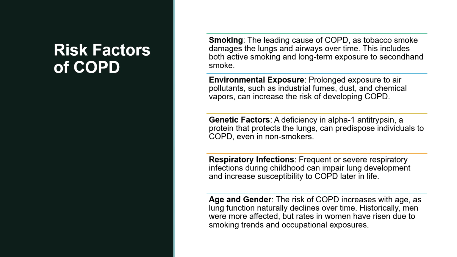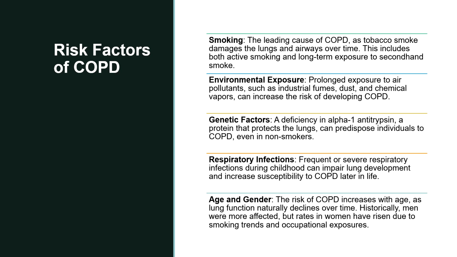Respiratory infections: some patients are born premature and develop into adults, and frequent or severe respiratory infections during childhood can also impair lung development and make you more likely to develop COPD later in life. A lot of times, patients who are born with chronic lung disease as a child end up getting COPD later in life. And then we get into age and gender.